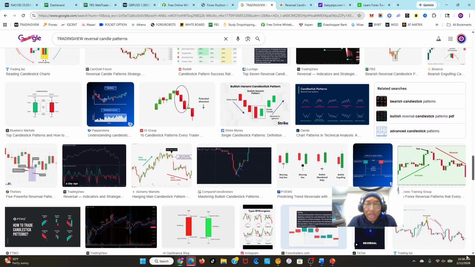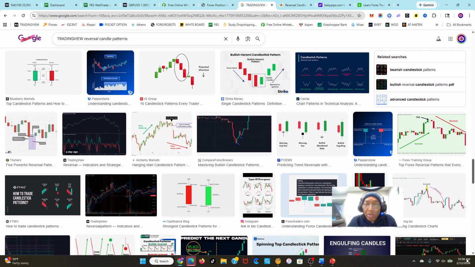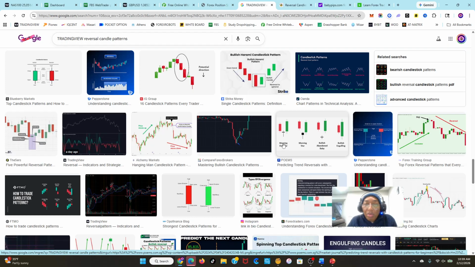I just want to show you guys that these things are freely available. So you can see when you see something like this, morning, when you see there's red, red, red, and then all of a sudden you see something like that, a doji, and then there's a green candle, that's a reversal pattern. So now you can start taking trades going up, long trades. And the reverse is the same, okay?